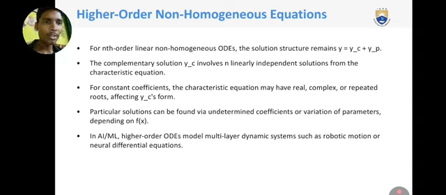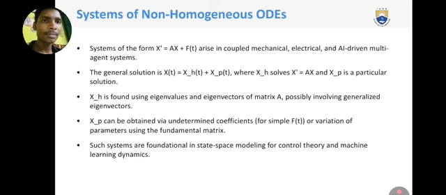Particular solutions can be found via undetermined coefficients or variation of parameters, depending on f(x). In the AIML higher order ODE module, these model multi-layered dynamic systems such as robotics, motion or neural differential equations.